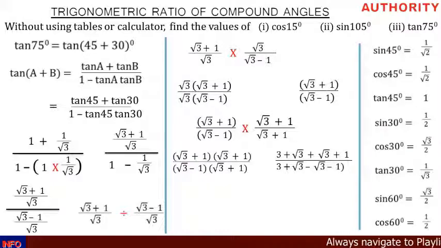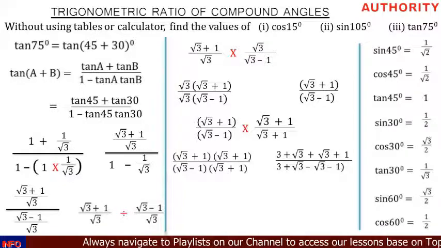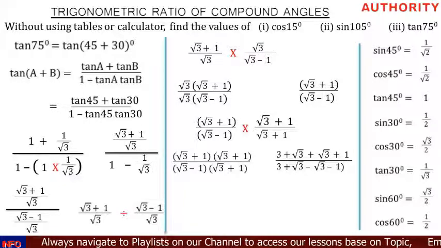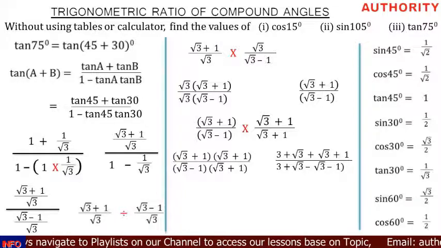Okay, good. Now in our numerator, we have 3 plus root 3 plus root 3 plus 1. You get it? Now 3 in the first plus 1 at the back is going to give us 4.